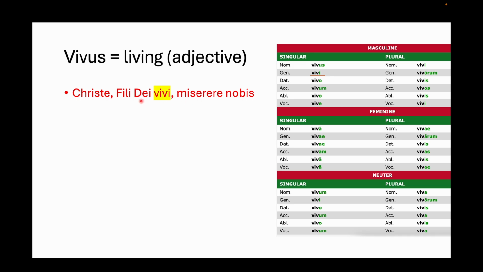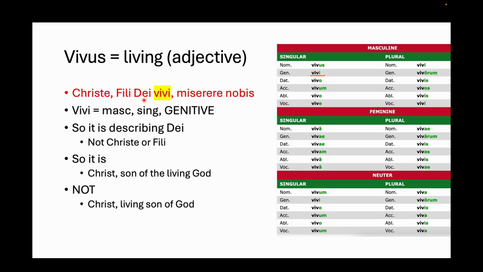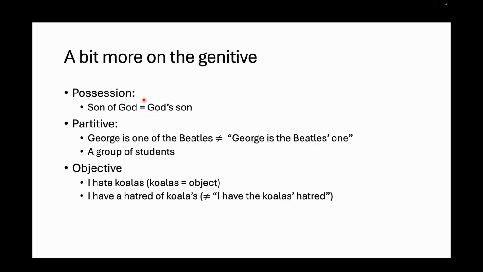And the only noun in the genitive case here is Dei. So this must be describing God, okay? Not Christe and not fili, okay? So this sentence is Christ, son of the living God. It is not Christ, the living Son of God, or living Christ, Son of God. It's Christ, Son of the living God. So I hope that makes sense.